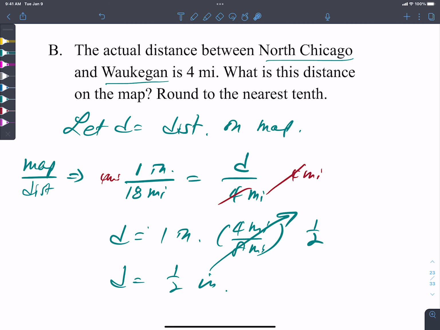Remember, this entire ratio premise was map distance divided by the actual distance. You have to be very consistent. Similar to problem A, to get rid of the 4, to divide by 4, you multiply by 4 to get rid of it. Once you do that, we end up with this. I rewrote it down here. And then 4 over 8 is 1/2, times 1 is half. So the distance on a map is 1/2 an inch.